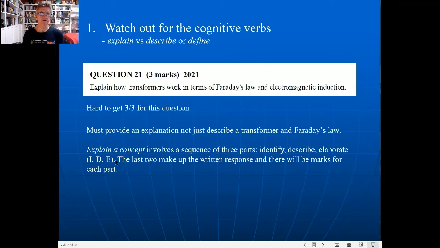Now, elaborate means to talk about something else related to the explanation, to the description, that helps fill out and show your understanding of what's going on. So that's often written as IDE, and the D and the E part, the describe and elaborate, make up the written response. So that's what the students will have to do.